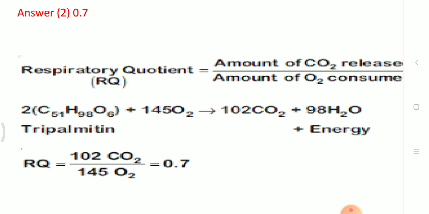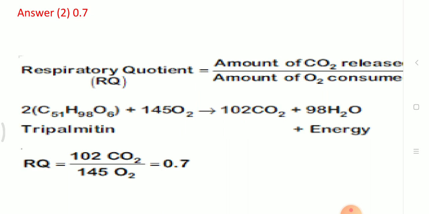Tripalmitin is made of 1 molecule of glycerol and 3 molecules of palmitic acid, which makes C51H98O6, and in here 2 molecules are taken, then 145 moles of oxygen give, in products, 102 molecules of carbon dioxide plus 98 molecules of water plus energy.